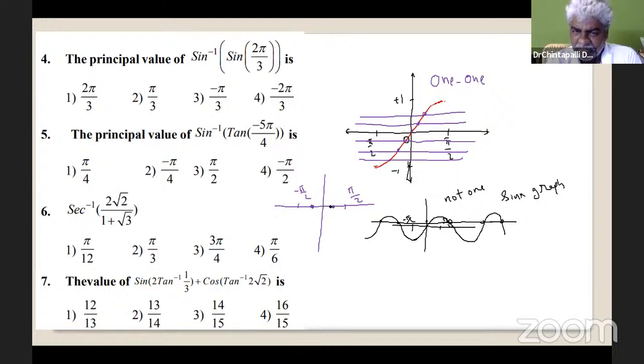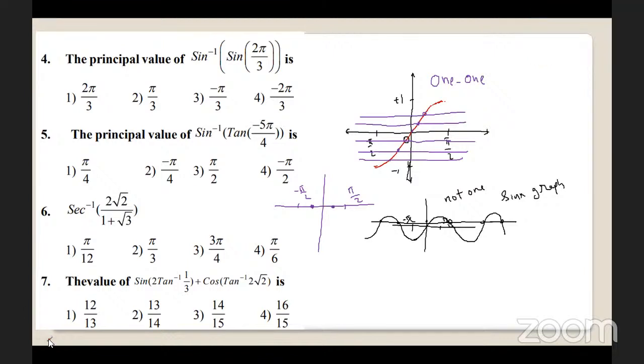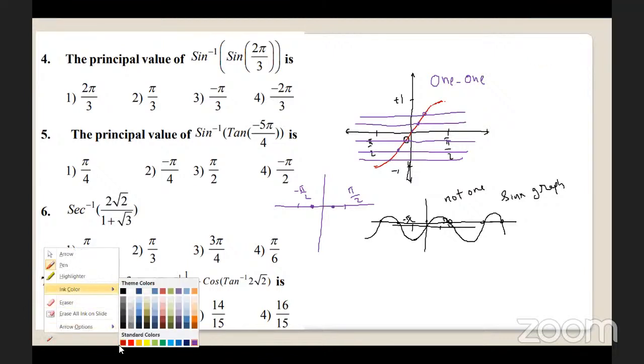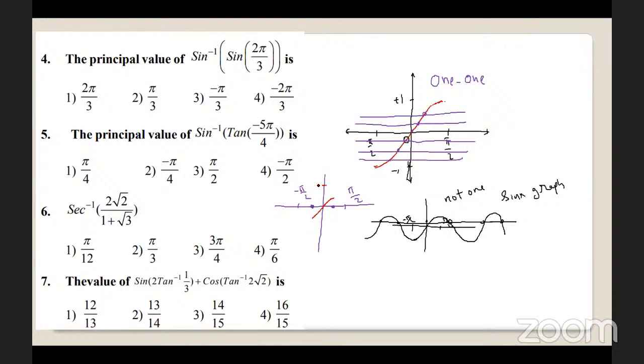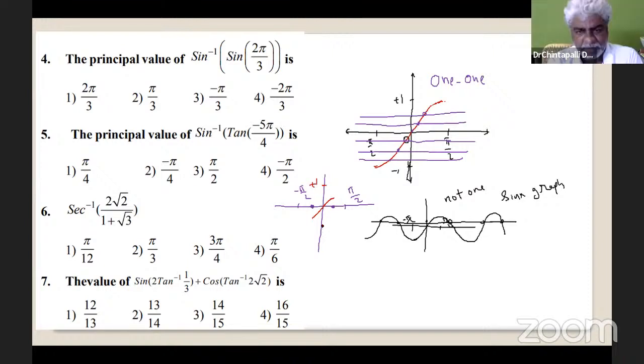If we draw a graph in that interval and stop at plus pi by 4, it does not reach plus 1 and negative 1, right?